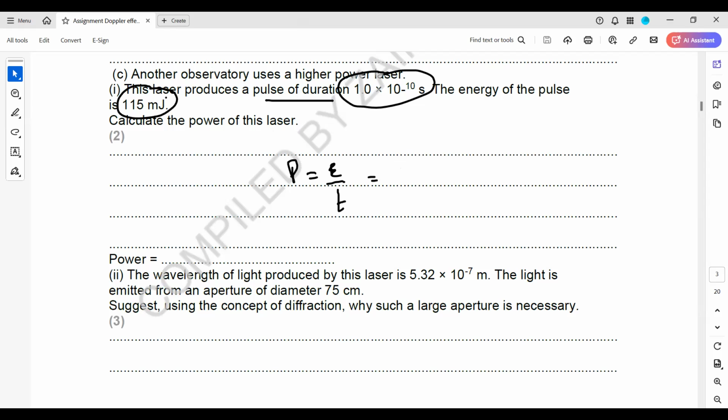You have the energy, which is 115 times 10 to the power minus 3 joules, and the time interval is 1 times 10 to the power minus 10 seconds.